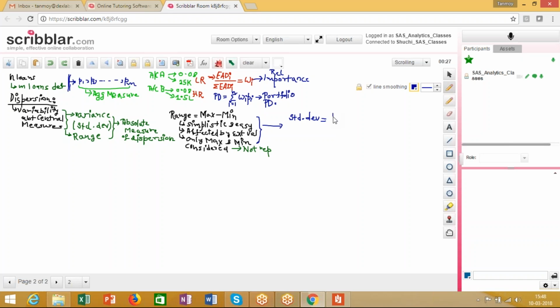So basically what it generally does is 1 by n summation xi minus x bar.